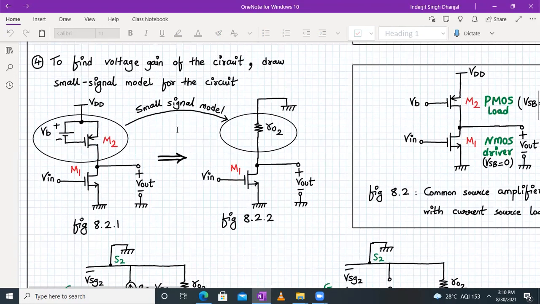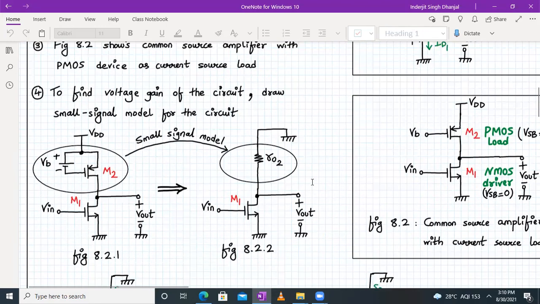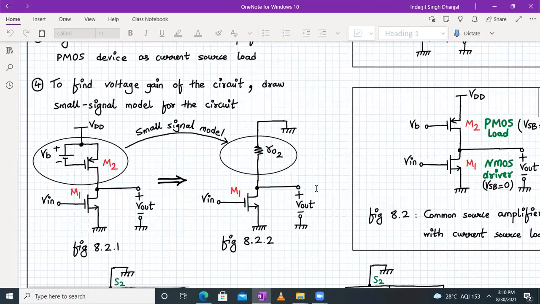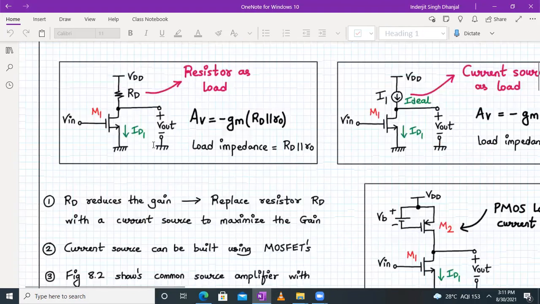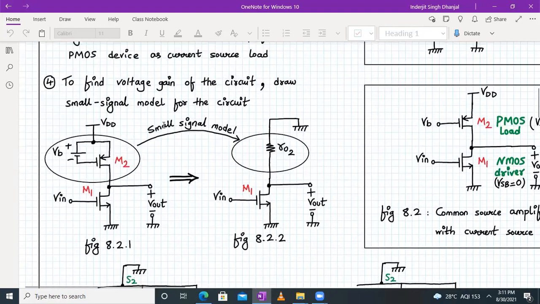From this observation, can we directly write the formula for the voltage gain? Because we know the formula for the voltage gain of a common source amplifier with resistive load. Can anyone try it out? The voltage gain formula for 8.2.2, similar to what we have seen here. Anyone?